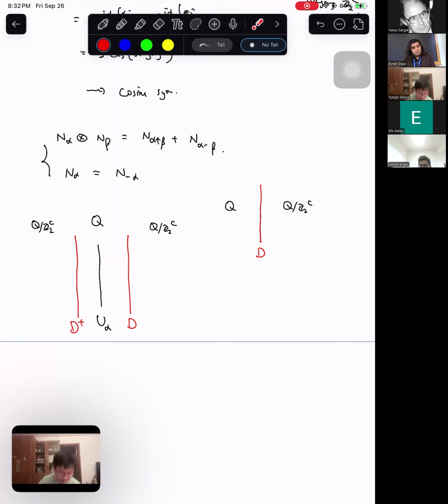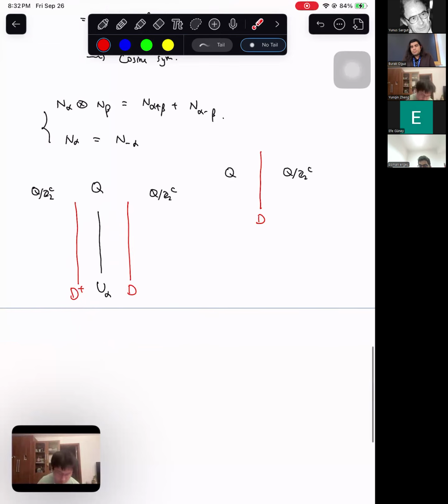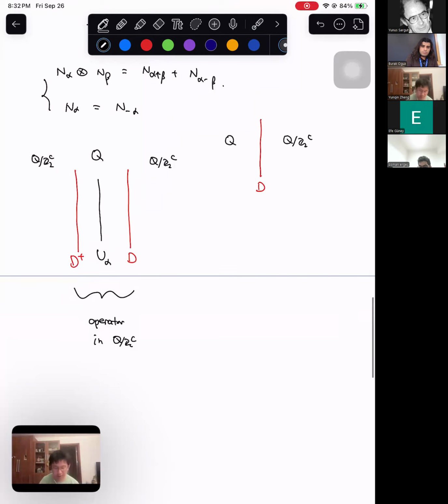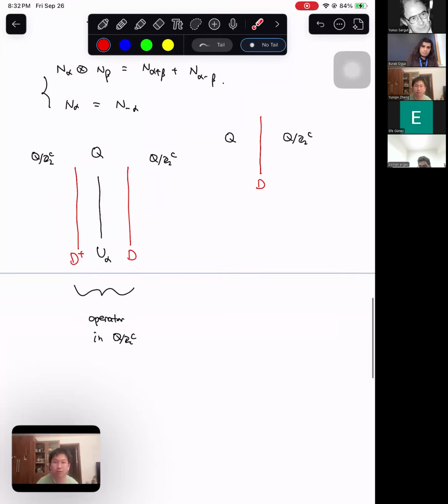And effectively, it will become an effective operator within the Q mod Z2 theory. So we should treat this whole thing as an operator in the Q mod Z2 C theory. And this whole thing is what this U alpha becomes after you gauge the charge conjugation.